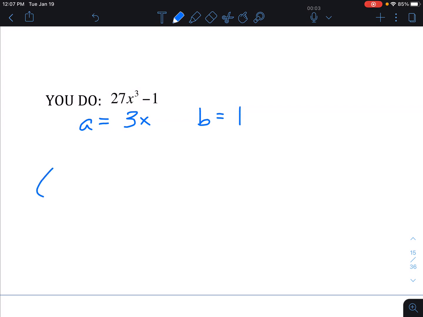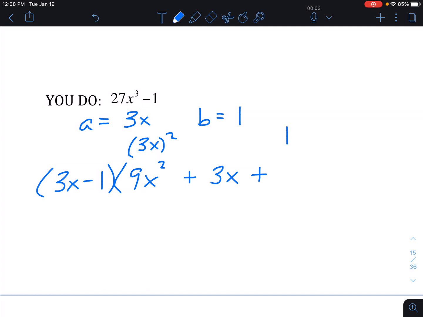So difference of cubes here because of the minus sign. So a minus b, parentheses, a squared, be careful, that's going to be 3x squared, which is 9x squared. Then plus a times b, so 3x times 1 is 3x. And then plus b squared, so 1 squared is 1.